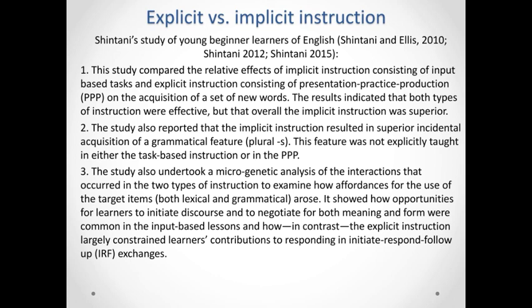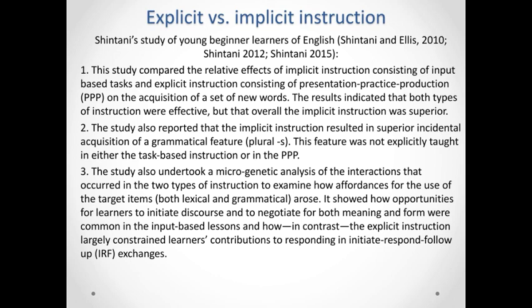Nonetheless, the study also undertook a microgenetic analysis of the interaction that occurred in the two types of instruction to examine how affordances for the use of target items, both lexical and grammatical, arose.